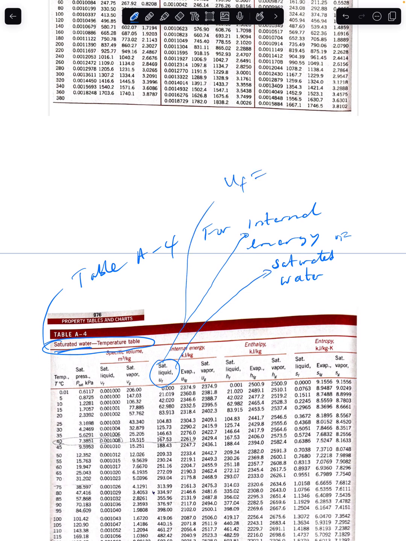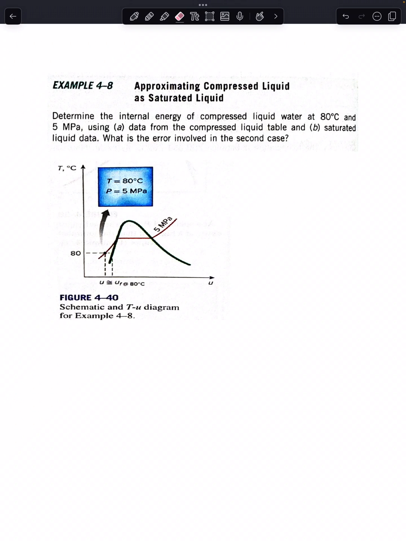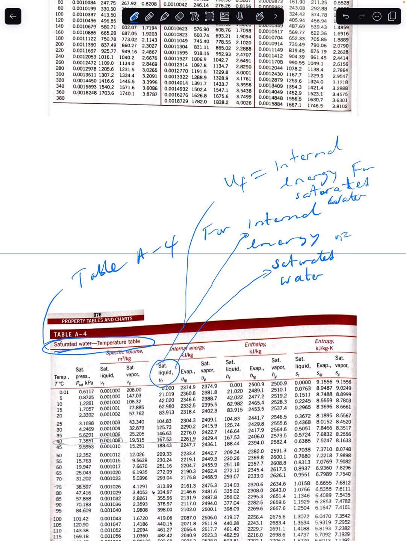So Uf is equal to what? The internal energy for saturated water.